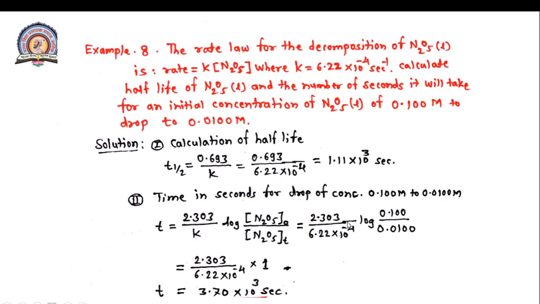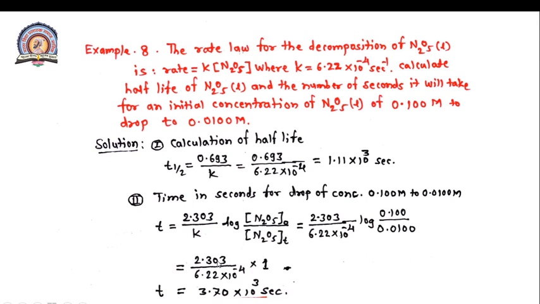So 2.303 divided by 6.22 into 10 raised to minus 4 log of 0.100 divided by 0.0100. Now solve these terms.